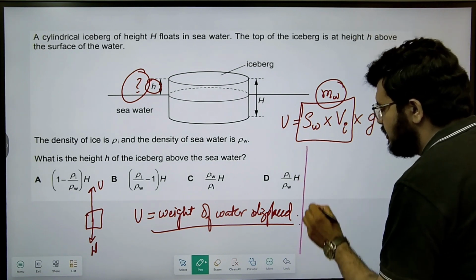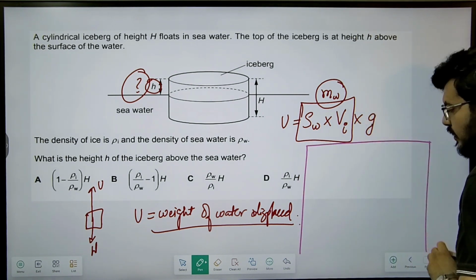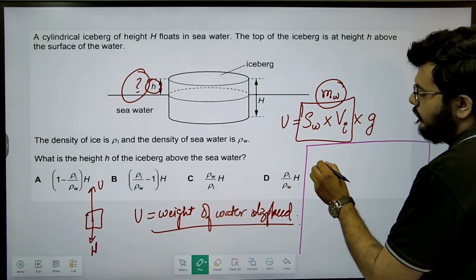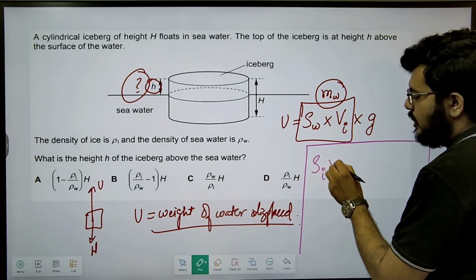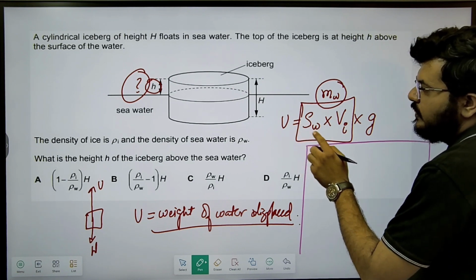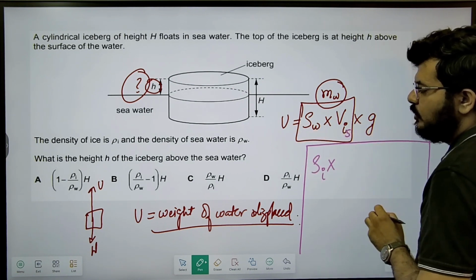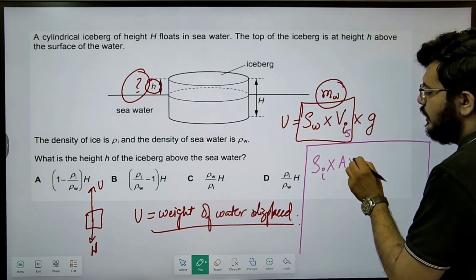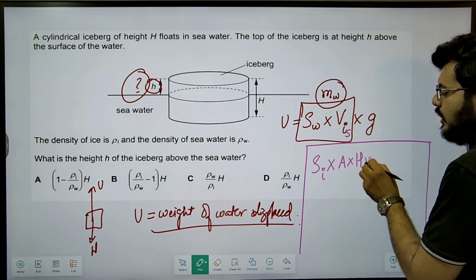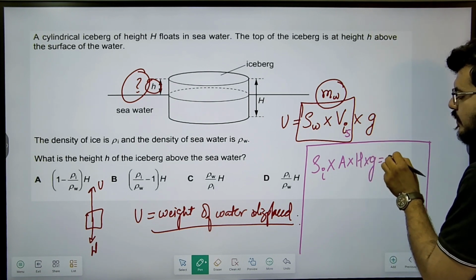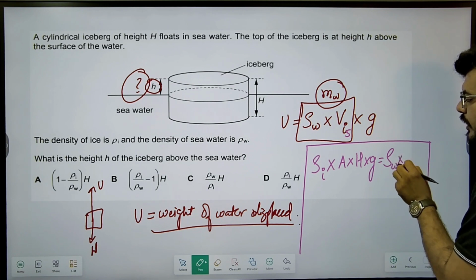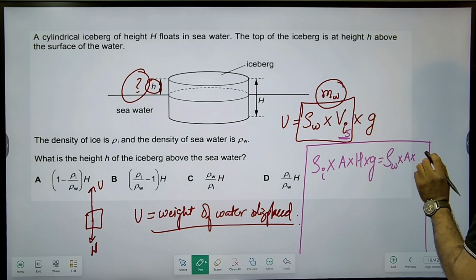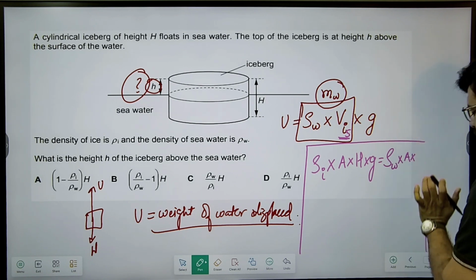Look at densities. The difference is because of density. So I'll say the weight of the iceberg is density of iceberg multiplied by volume of the iceberg. The volume of the iceberg will be area into the capital H into g. All of this will be equal to density of water multiplied by area of iceberg multiplied by the height of the iceberg that is submerged.